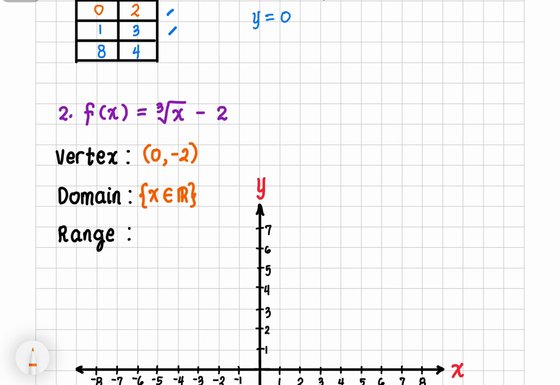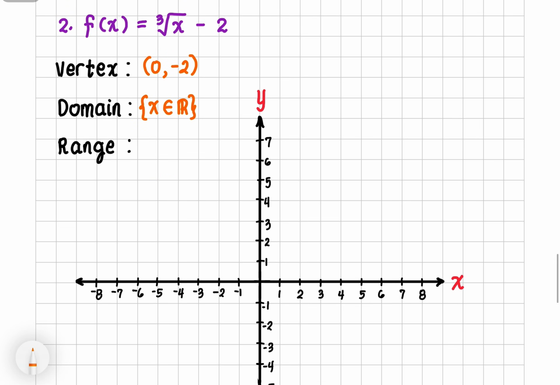As we extend the x values, we have no restrictions. The same goes for y, so the solution set for the range is y is an element of all real numbers.